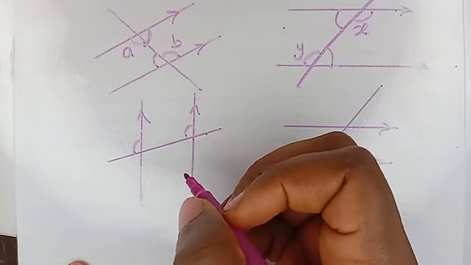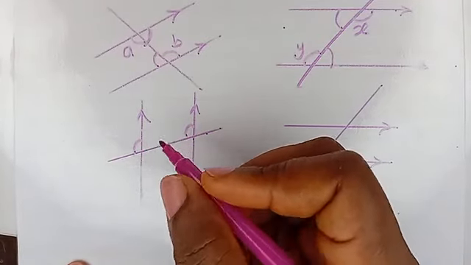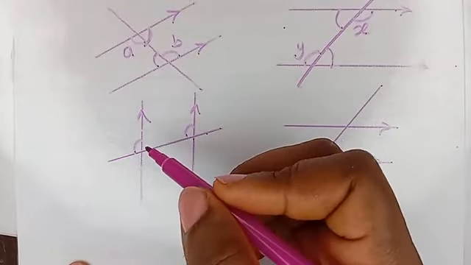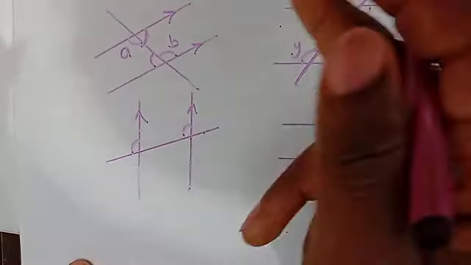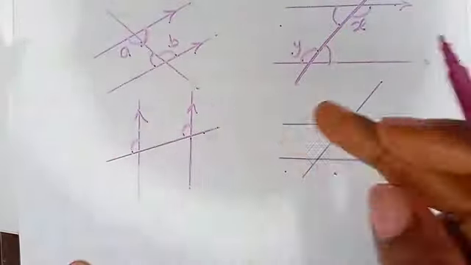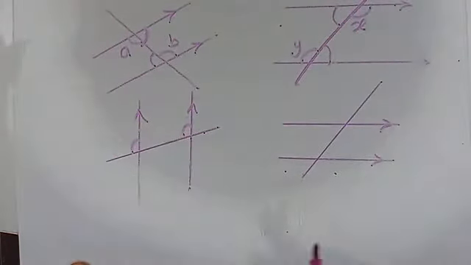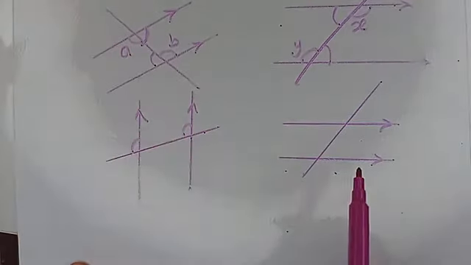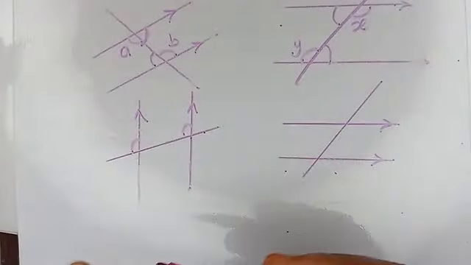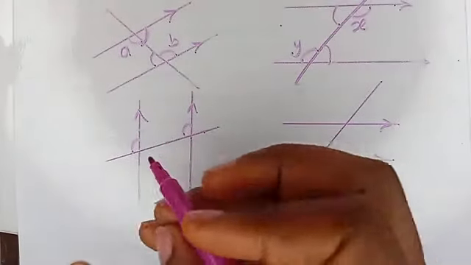What do we mean by that? We mean that they are corresponding in the sense that they are on the same side of the transversal. Now we have all these parallel lines. No matter where it faces, it doesn't matter. And we denote parallel lines by arrows on them. It could be one arrow, double arrows, and the rest of it.